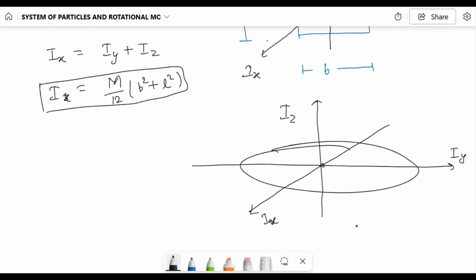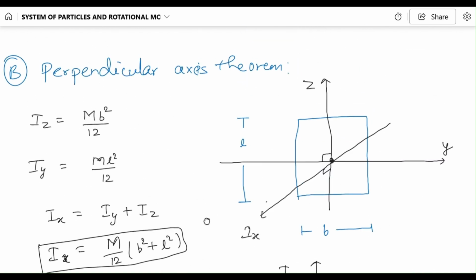So in this case, we can write Iz equals Ix plus Iy. You should be careful about this. These two axes, X and Y, are perpendicular to each other and lie in the same plane, and the third axis about which we are deriving is perpendicular to the plane in which the x and y axes are lying. This is the perpendicular axis theorem, which we have already mentioned.